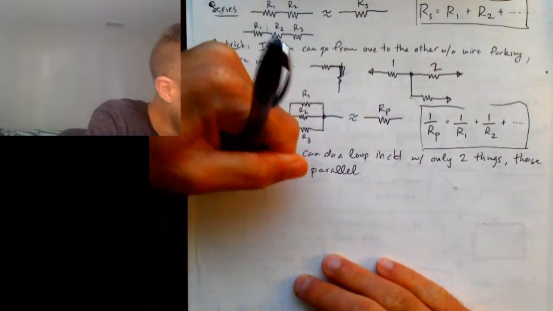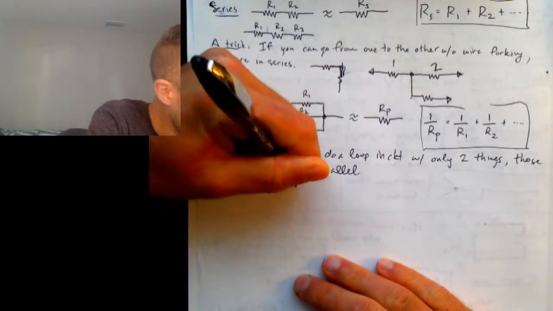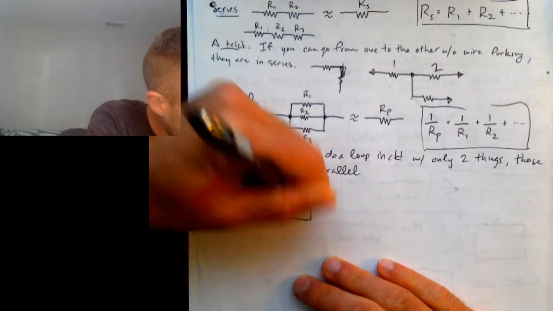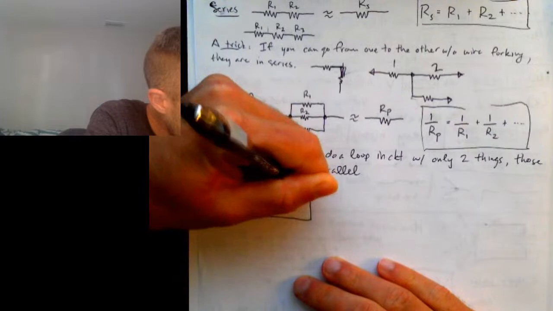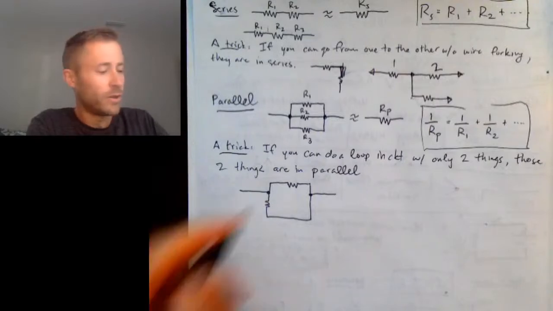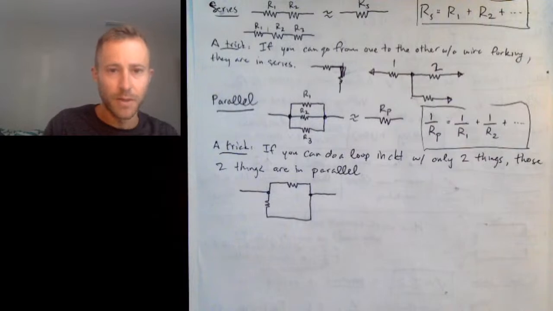So for example, what if I had something like this? These 2 resistors are in parallel. So even though one is horizontal and one is vertical, it has nothing to do with the orientation of them, okay?